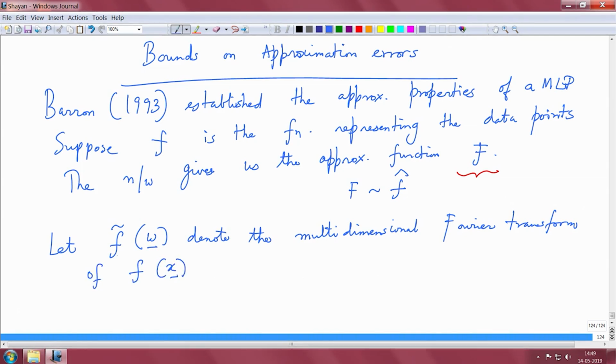X is a data vector and f tilde of w, or omega, whatever you might want to call it, let it denote the multidimensional Fourier transform, and this data point belongs to this space R^m0, right, and w is the frequency vector, right. If it is a 2D plane, you have omega 1 and omega 2, or w1 w2, as the frequency coordinates.